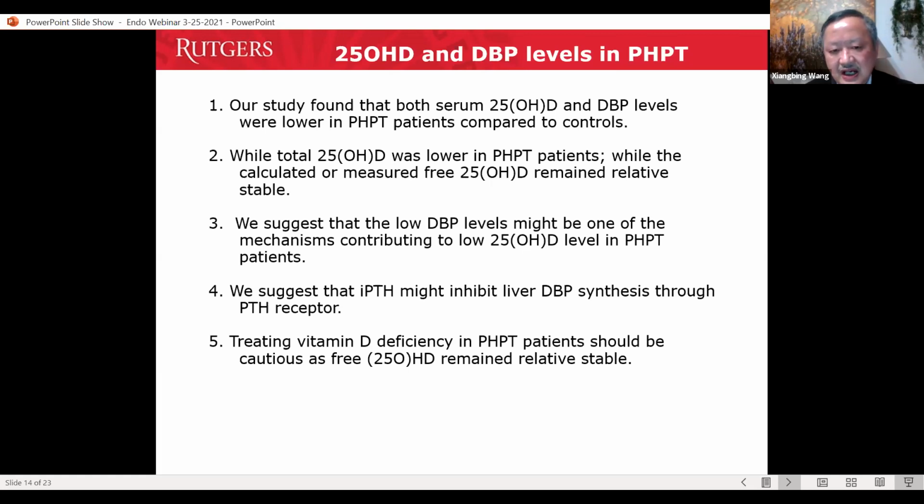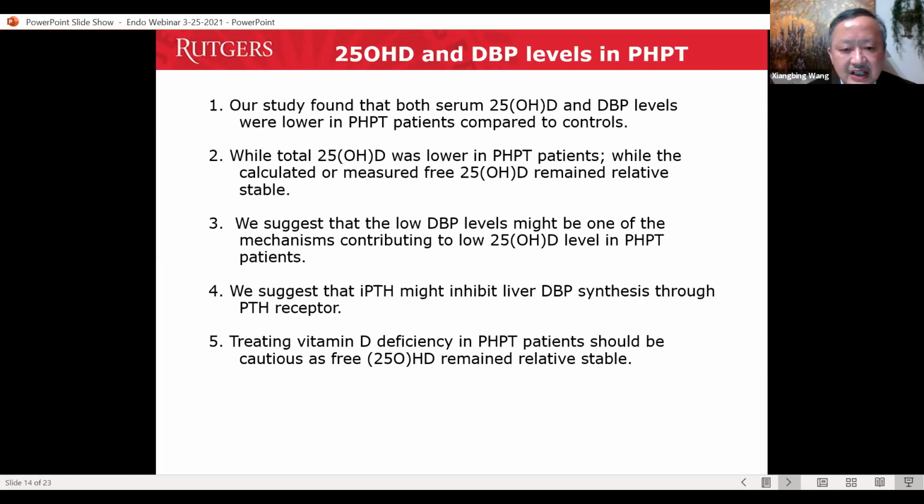After surgery, with the PTH increase and D binding protein back to normal, we also find the correlation between PTH and the D binding protein. We suggest PTH might inhibit D binding protein synthesis through the PTH receptor in the liver.